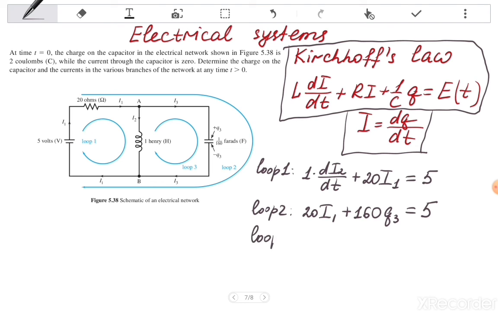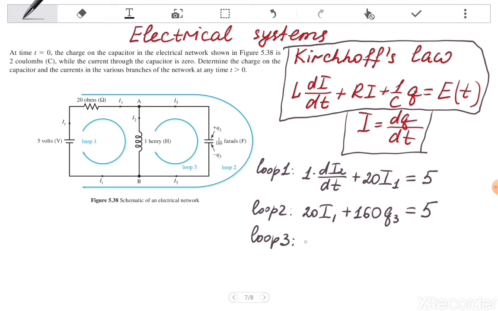In loop 3, we have no electrical source, so the right-hand side will be 0. We have the inductor, so this part will be nonzero, and we also have the capacitor.